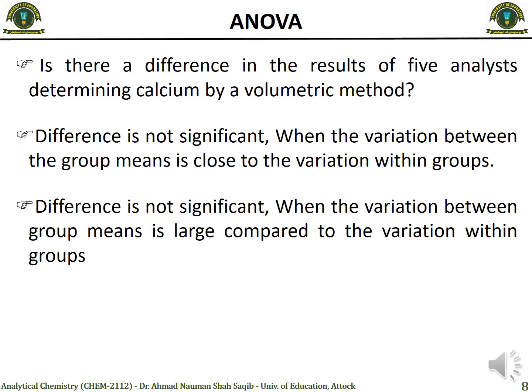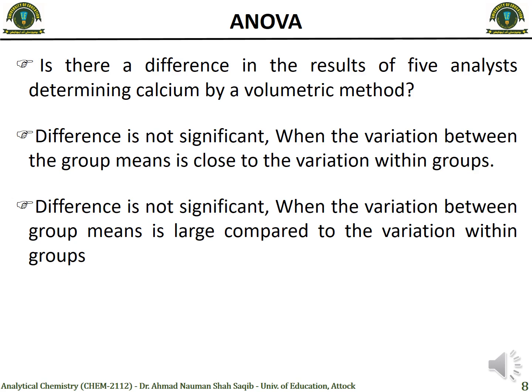However, if the variation between the group means is very large compared to the variation within the group, then we can say there is a significant difference between the analyses performed by different analysts.